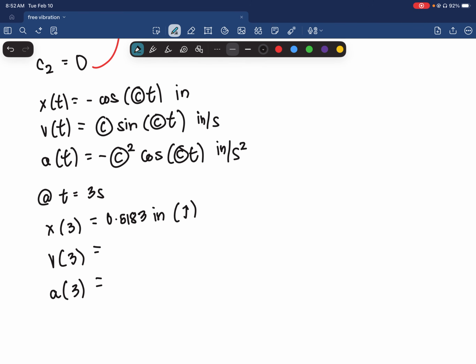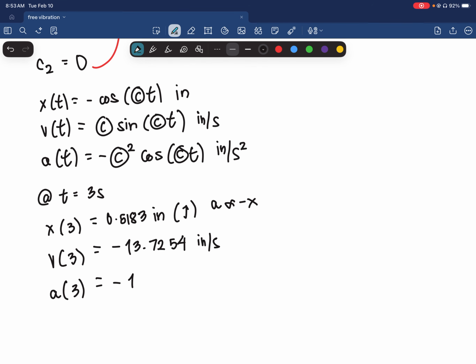So, if it is going up, that must mean our velocity and acceleration should be downward. So, let's verify. It leads to the proportionality that acceleration is inversely proportional to position. Then this is negative, so that's correct. 13.7254 inches per second squared, and this is also negative.